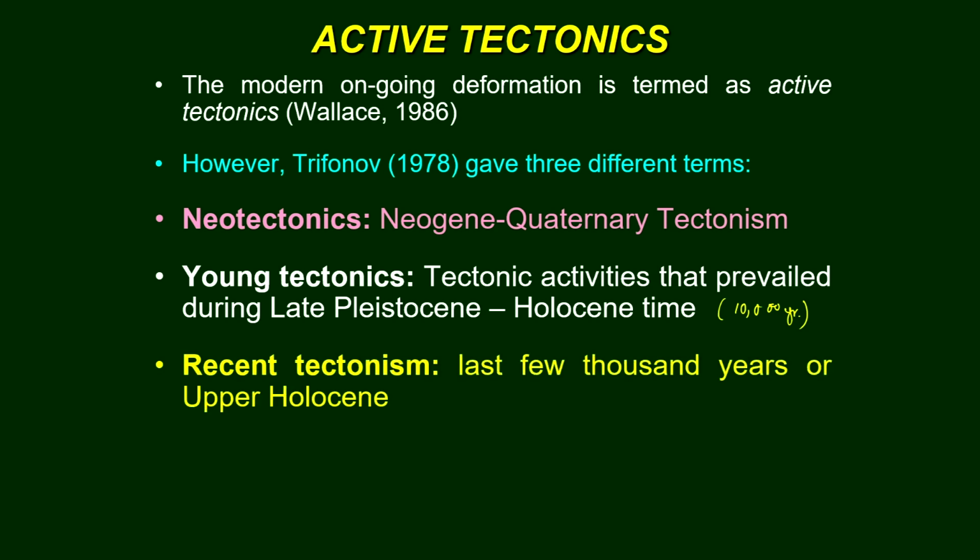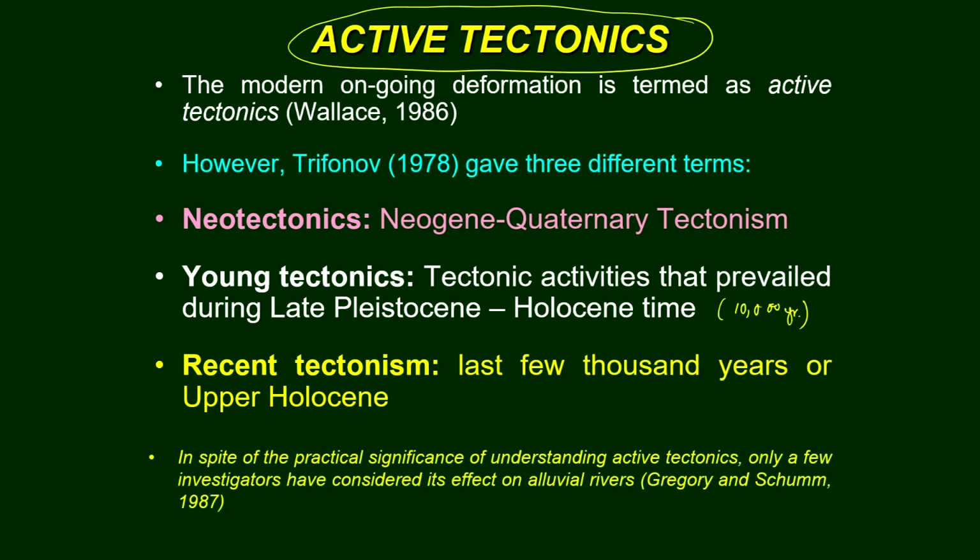Recent tectonics is also a term which is coming up, and that we call the last few thousand years, or the upper Holocene portion, but mostly we use the term active tectonics for describing the tectonic influence.